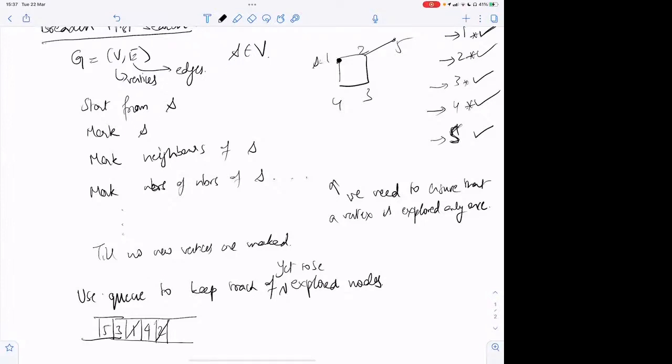No. So I mark it and put it in the queue. And then I take out the next element, 4. All its neighbors are marked, so I just remove it. Then I take out the next element, 3. I look at its neighbors, all of them are marked, so I remove it. Then 5, and so on. So all of them get explored at some point, correct? So is the basic idea clear?